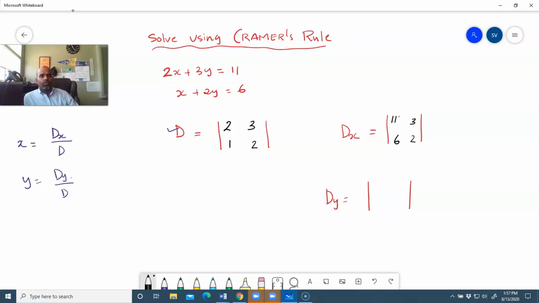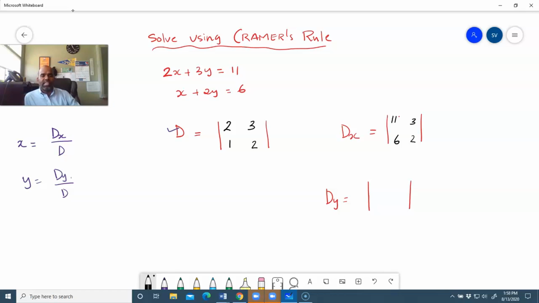So when we are writing the x determinant, we need to remove these 2 and 1, which are the coefficients of x. Remove the coefficients of x from the D matrix, and in that place write the constants on the right side.